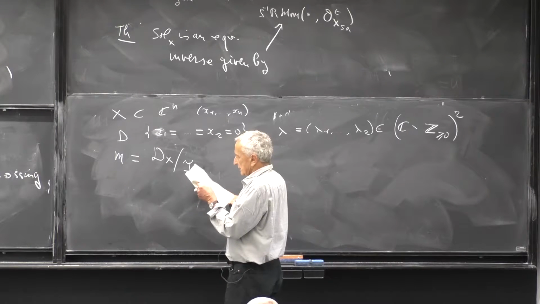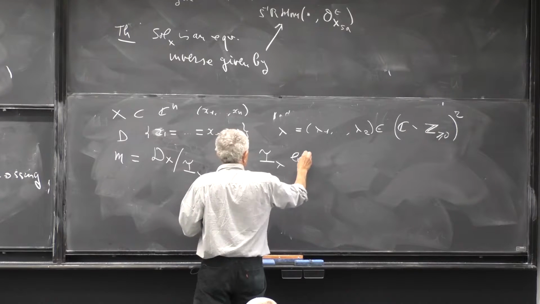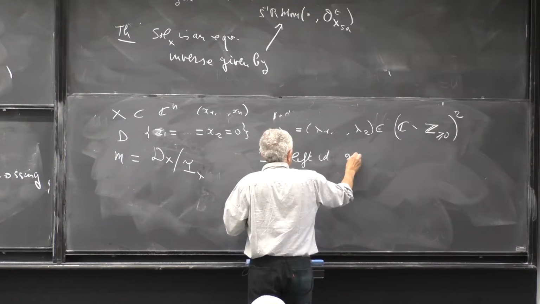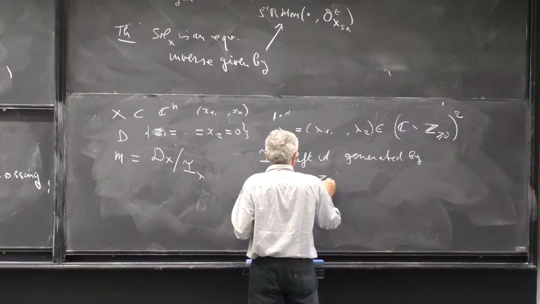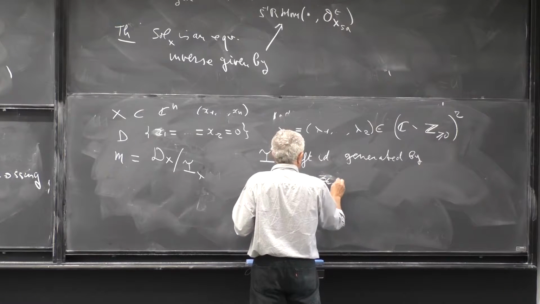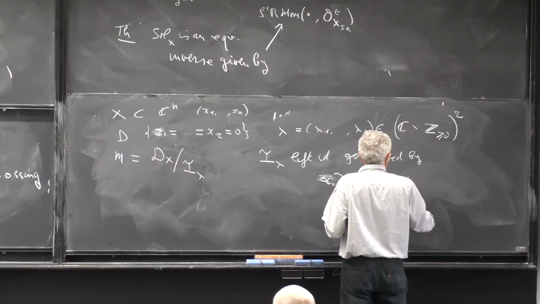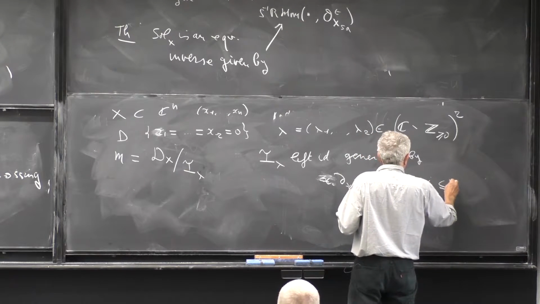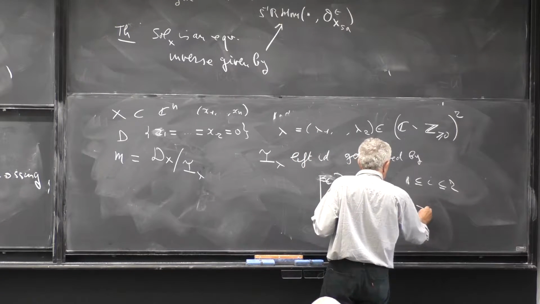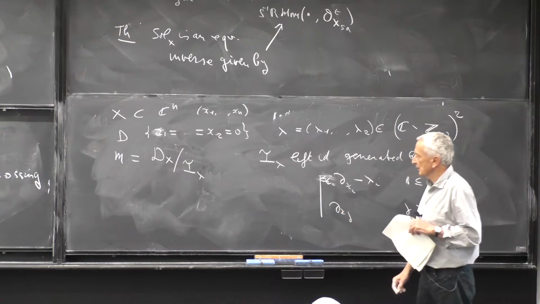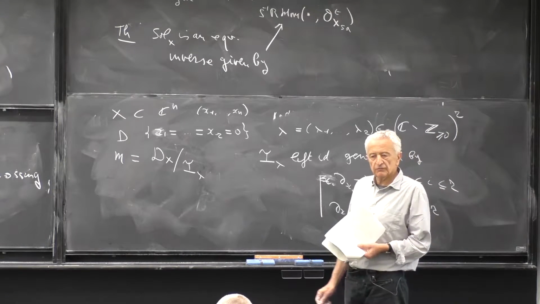And you take the ideal: the ideal I_lambda is the left ideal generated by xi dxi minus lambda i for i between 1 and r, and dxj for j bigger than r. So that's the definition of regular normal form.